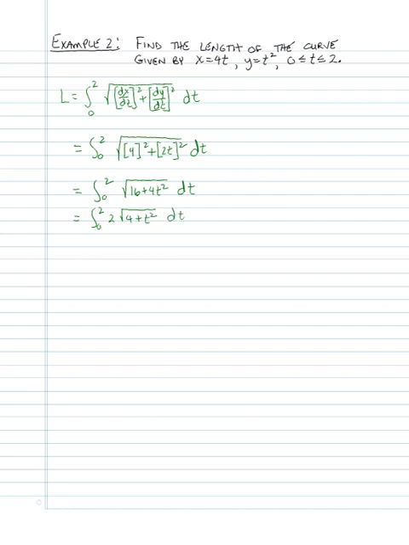All I did was write that as 4 times 4 plus t squared, and the square root of 4 being 2. And so we can factor out the 2, of course. Well, now we've got another issue here, don't we?